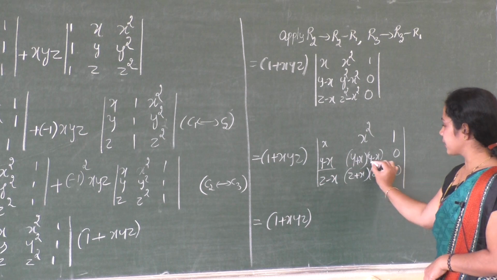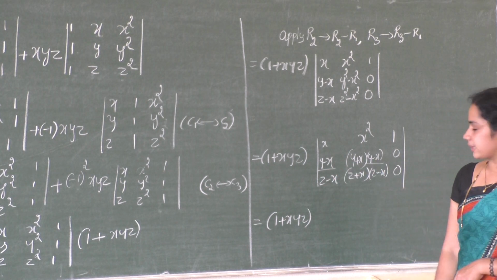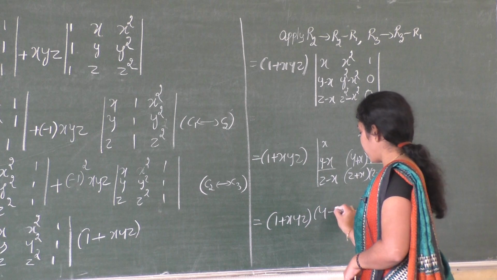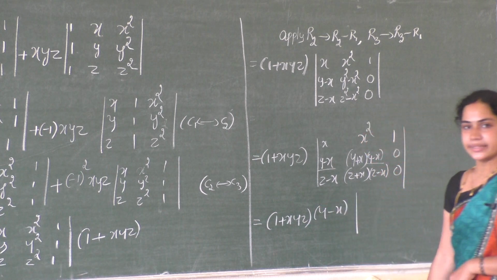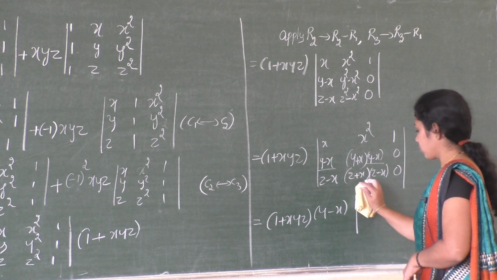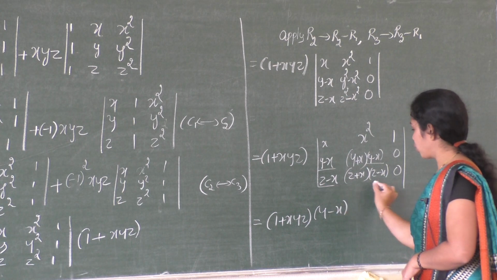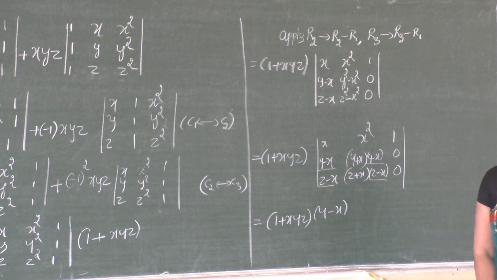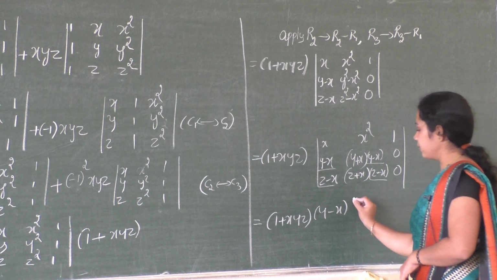See, y minus x is common here, take it outside. In the third row also, z minus x is common, take it outside.